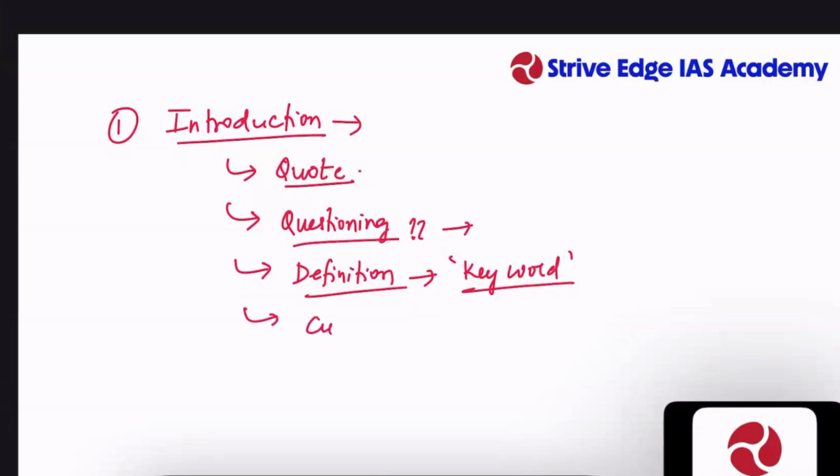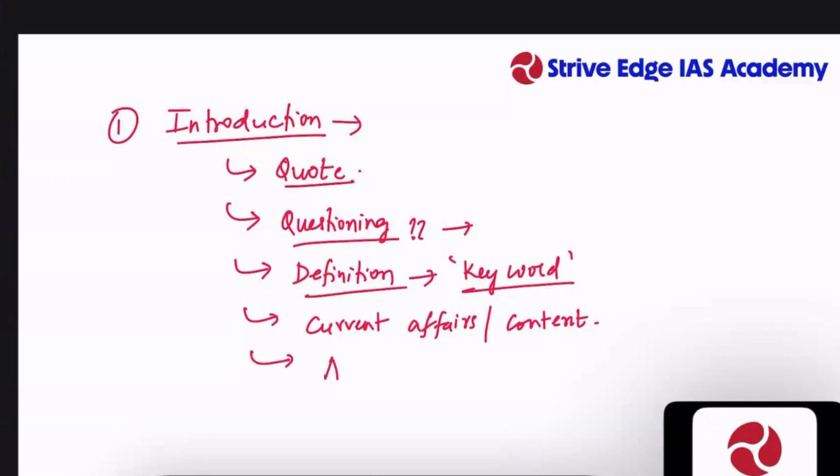And sometimes current affairs: you can use current affairs or the context, any recent news that has happened, or any particular context, some story or event, or any report which is relevant to the topic.